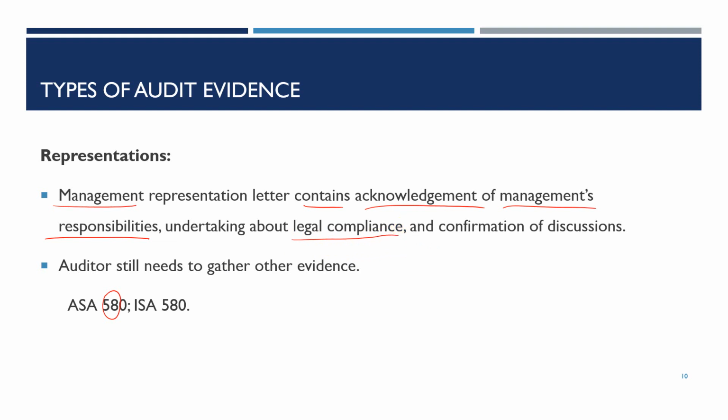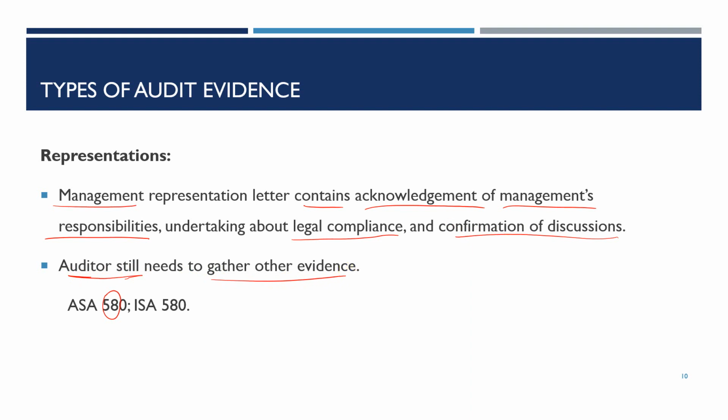The letter will include written details of any verbal representations made by the management during the course of the audit. Verbal evidence is weaker than written evidence. The auditor will seek written confirmation of any significant discussions in the management representation letter.